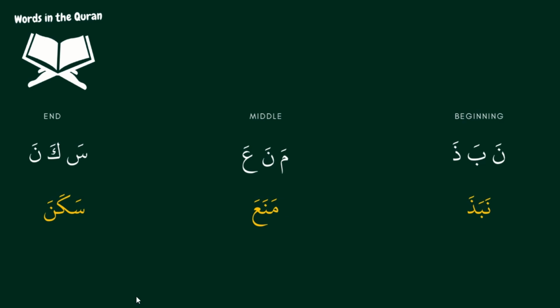Remember that it's similar to ba and ta, but for ba the dot is below and for nun the dot is on top. So don't confuse yourself.